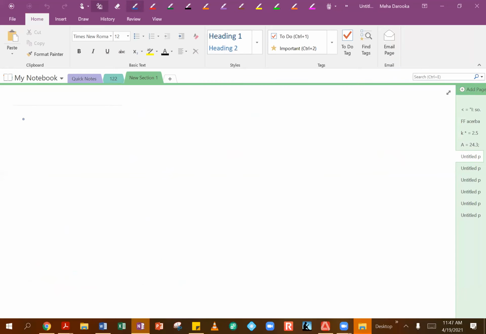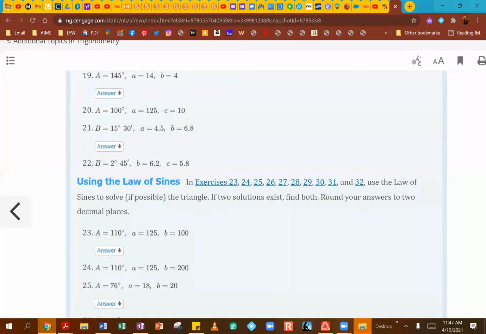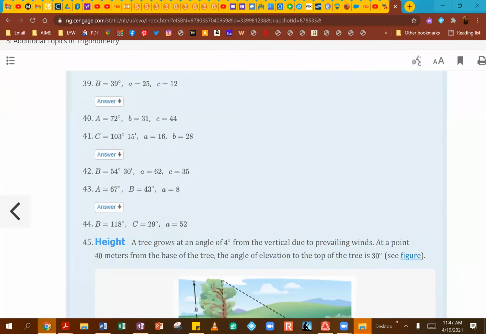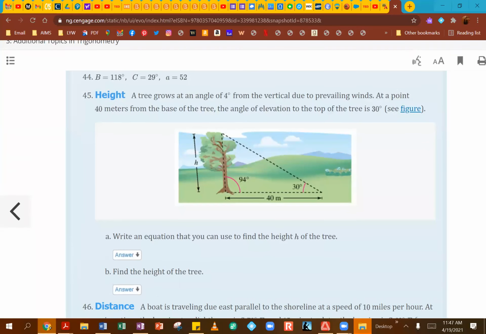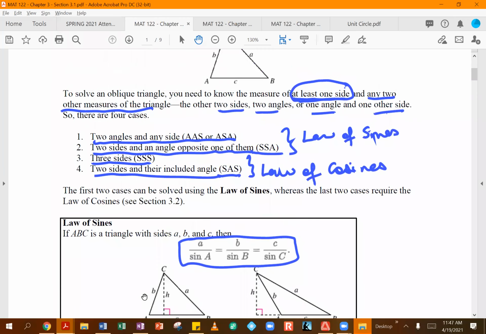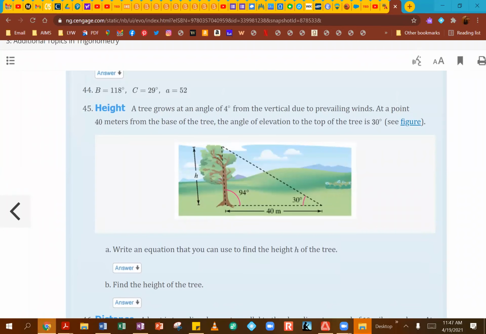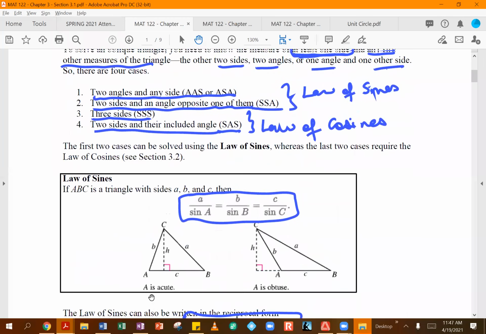For our next example, I actually thought we could use an application problem instead of just a generic problem like this one. So that's why I've picked number 45 over here. So this one actually is the scenario where you've got two angles and the side that falls in between them.